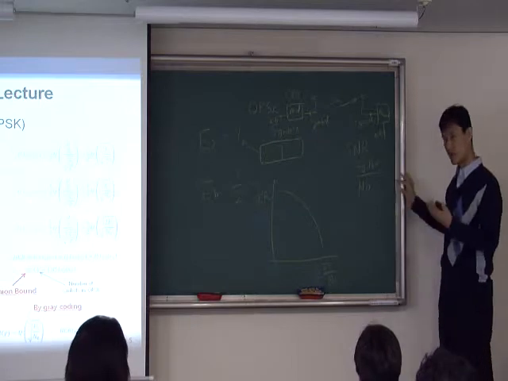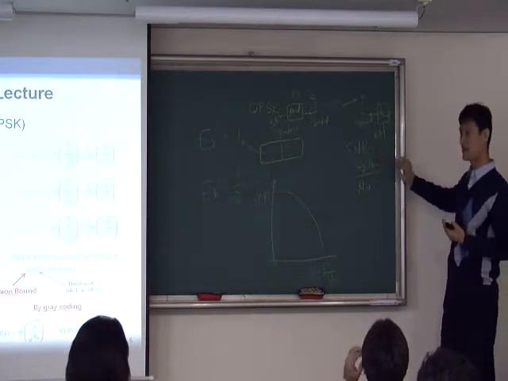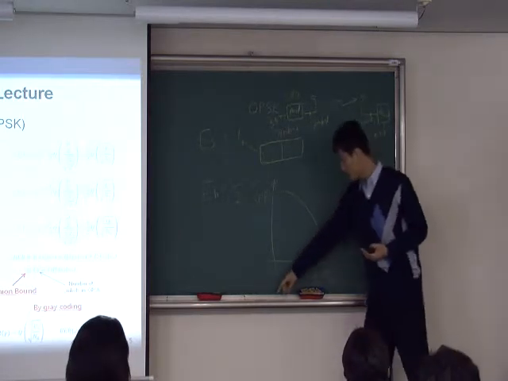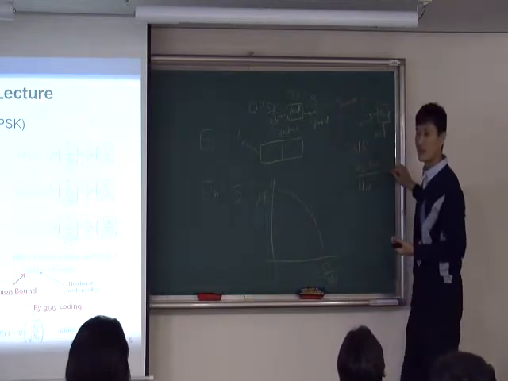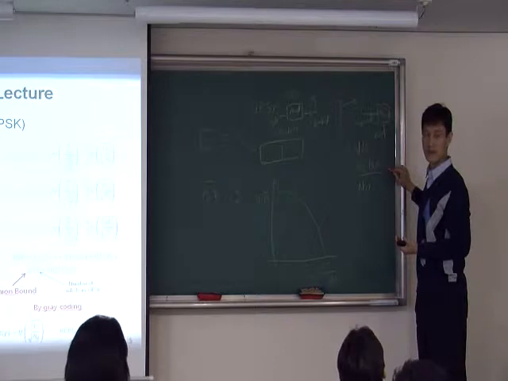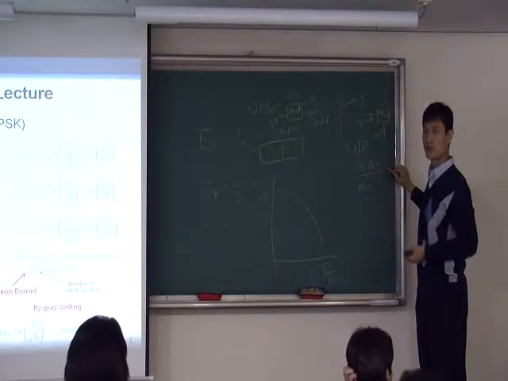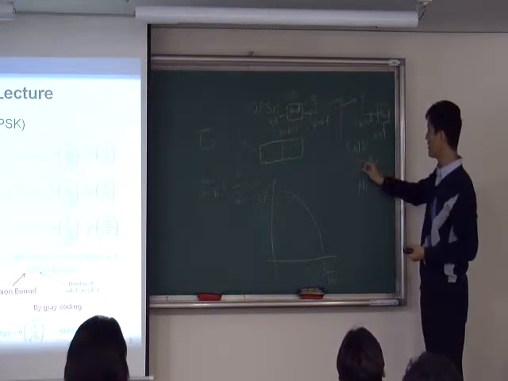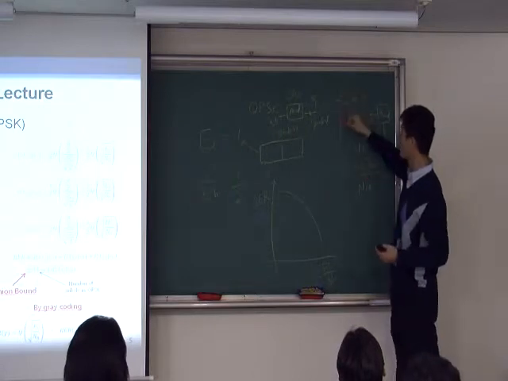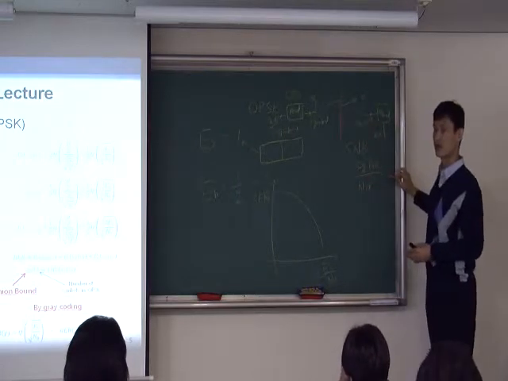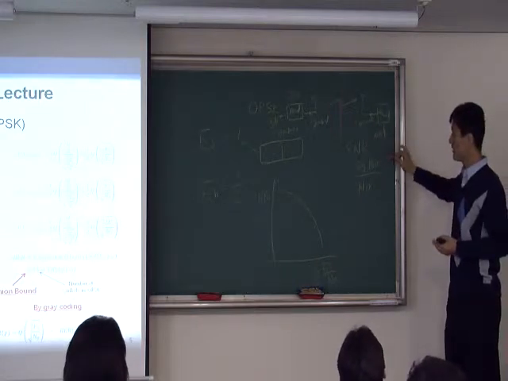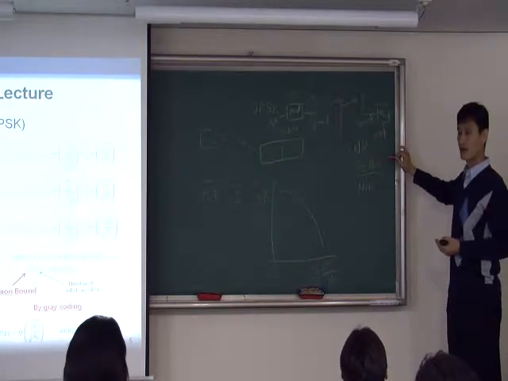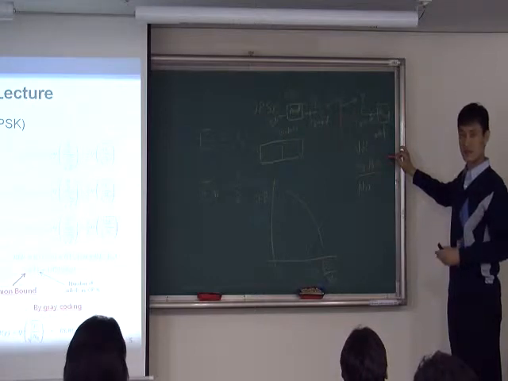Typically, when we talk about SNR, we want to think about symbol power right here in the channel. That's what we typically use. So signal power typically is the power that's floating around in the air on the channel medium. That's what we define as signal power, unless you state otherwise. Okay?